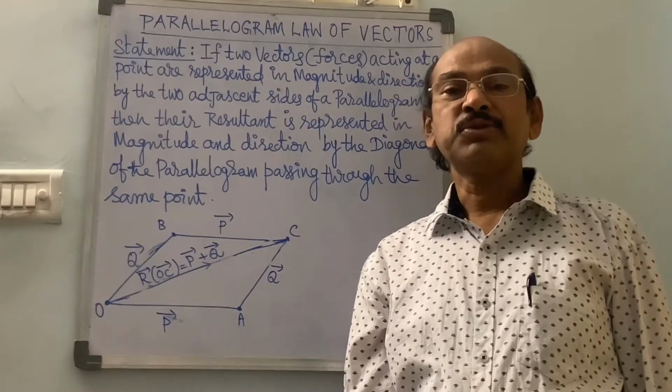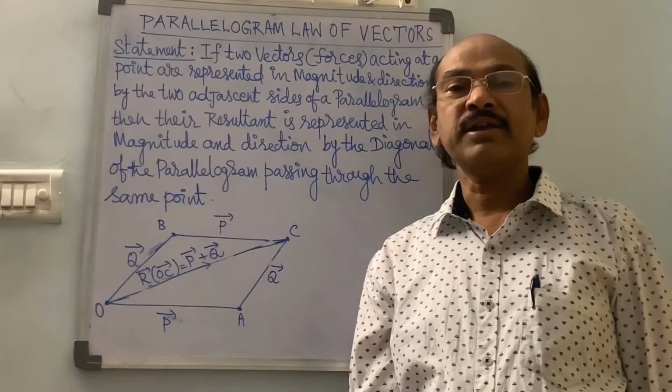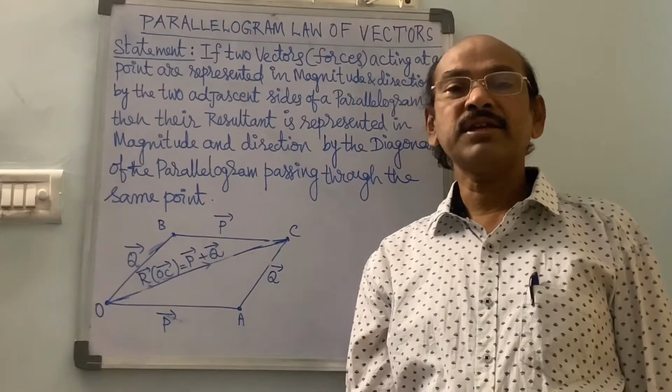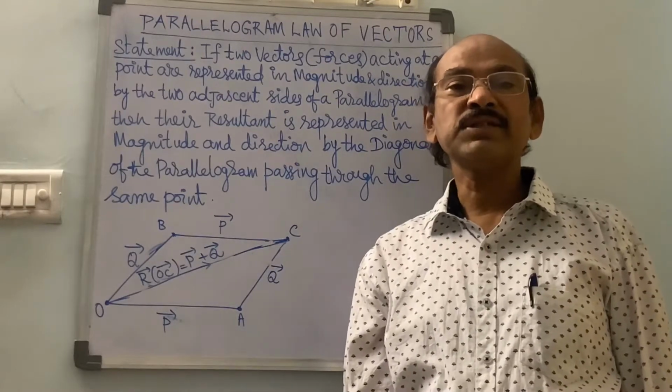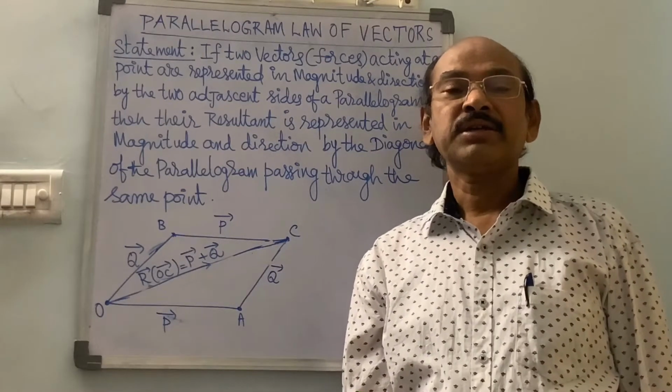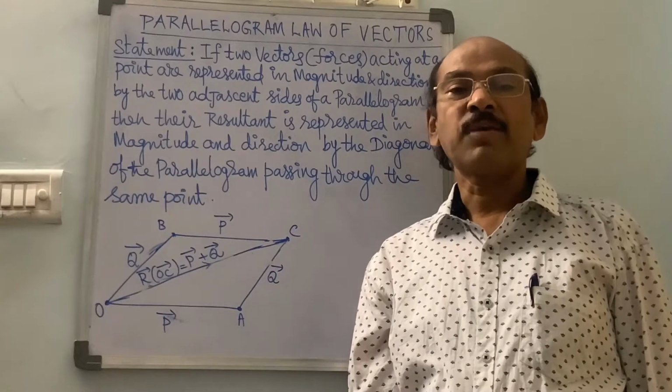If two vectors are acting at a point simultaneously, then to find the resultant, we represent those two vectors by the two adjacent sides of a triangle taken in an order. Then the resultant is represented in magnitude and direction by the closing side or third side of the triangle taken in the opposite direction.